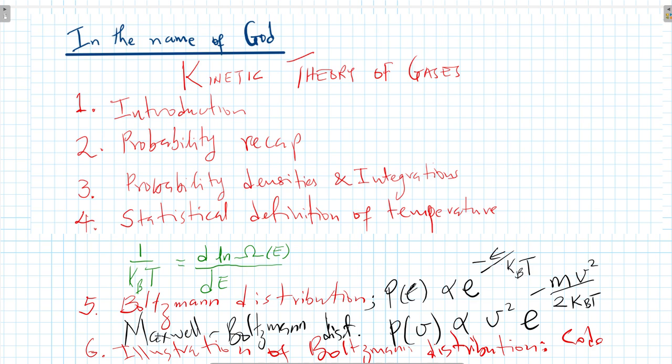We've also derived the Maxwell-Boltzmann distribution.